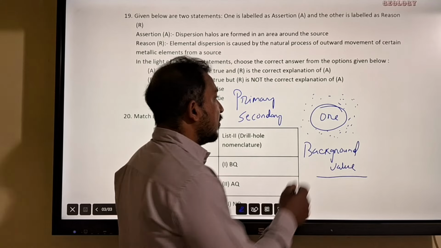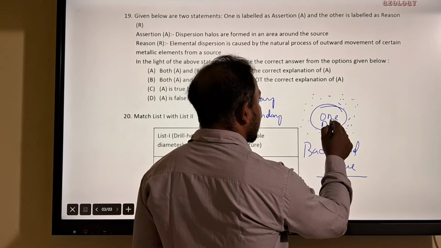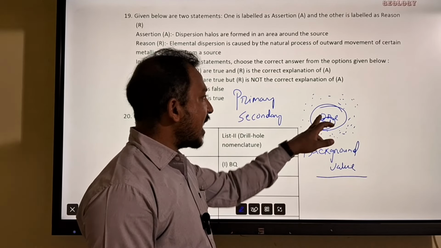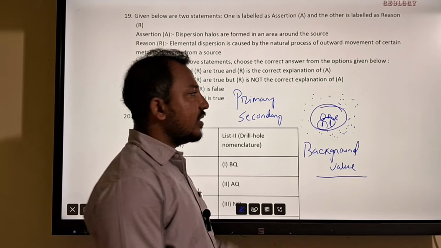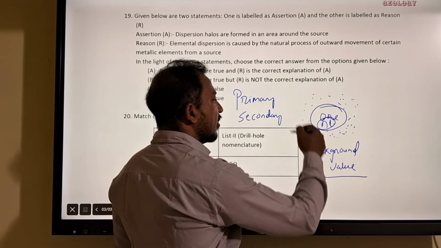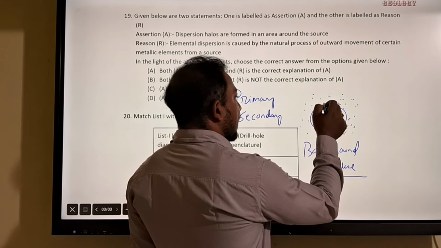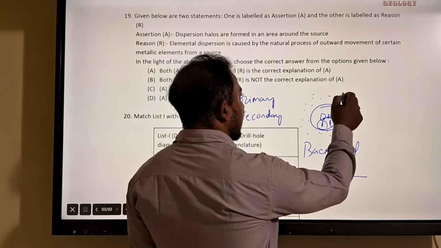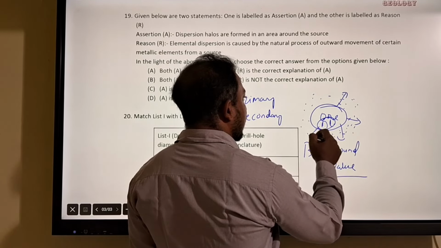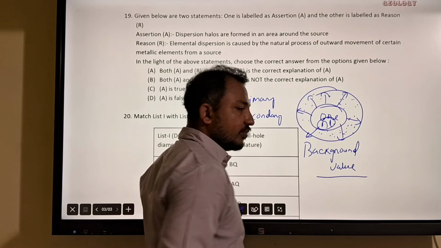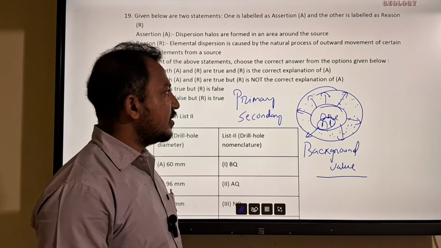So suppose aluminum deposition here, the aluminum concentration will be higher here, and the nearby region is also higher, but not as much as the ore part, though higher than the normal or background value. So around its region, you will get aluminum. That is called your dispersion halo.